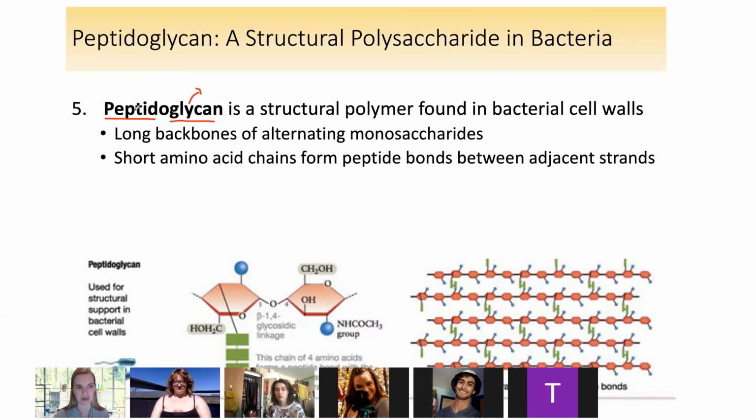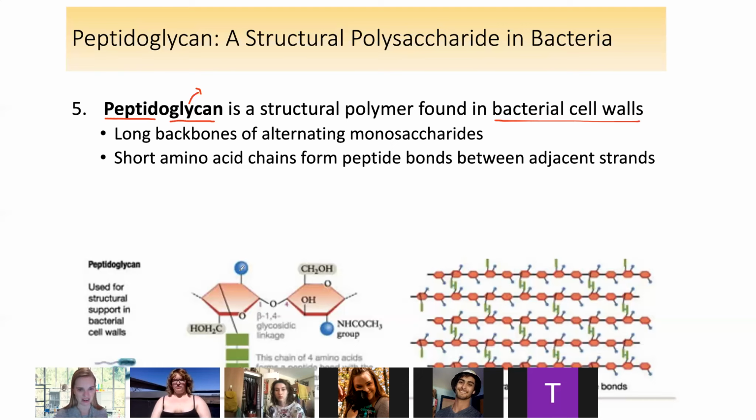And peptido here is actually referring to a peptide, which should hopefully trigger in your minds a protein. So this particular polysaccharide that's found in the cell walls of bacteria actually contains both proteins and sugar molecules.